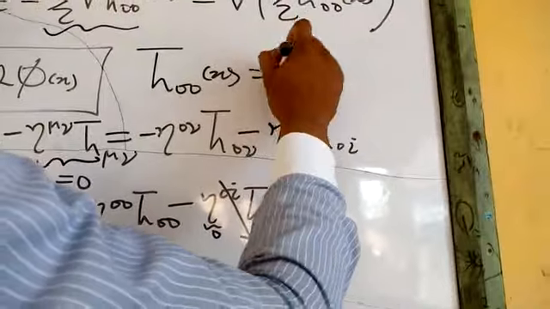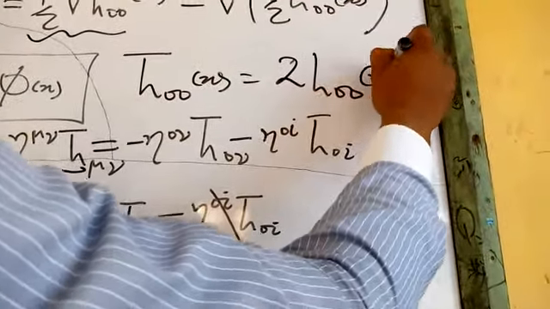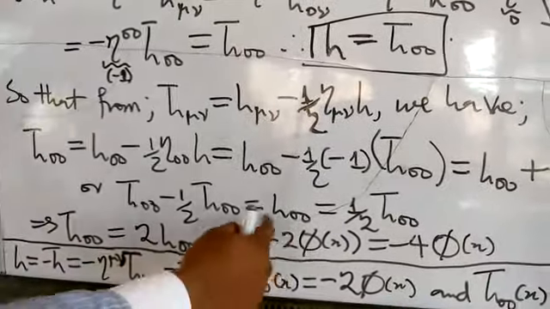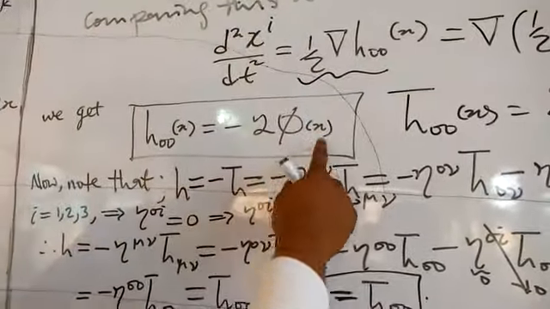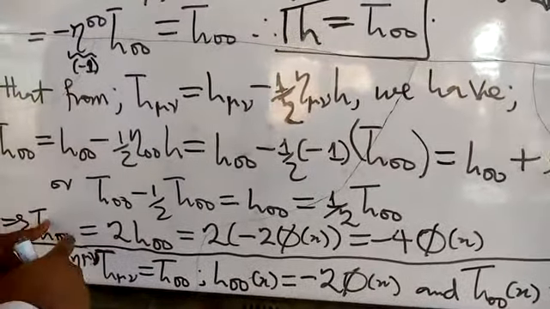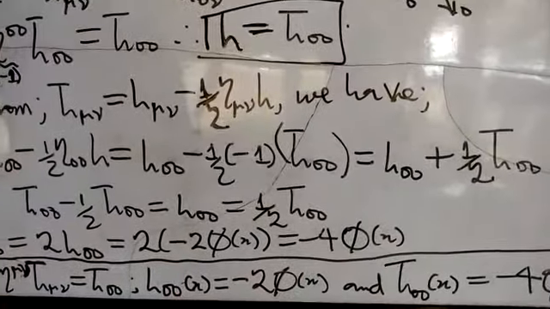This would then imply that h bar naught naught is equal to twice of this. So first of all, we know that this is just equal to 2 times h naught naught of x without the bar on it. That's what we've just shown here. But if you recall again that h naught naught itself is equal to minus 2 phi of x, then it means that h bar naught naught is equal to minus 4 phi of x.